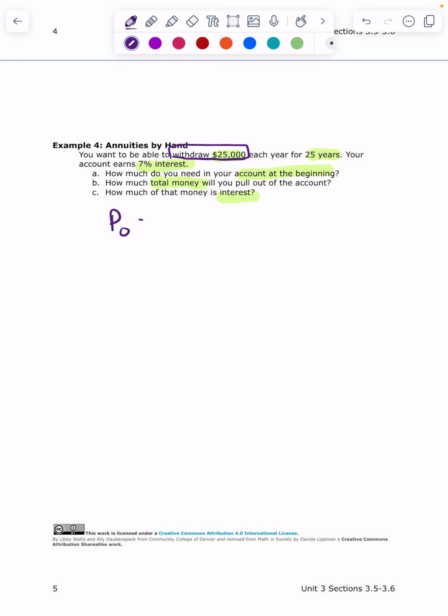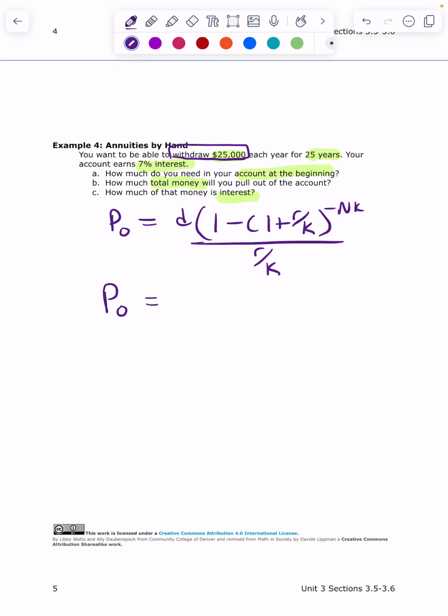So we'll start by writing down the formula. So that's all over R over K. And plug in what we do know. We know that we want to take out $25,000 each year for 25 years.